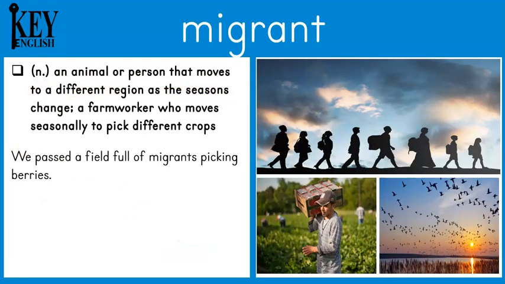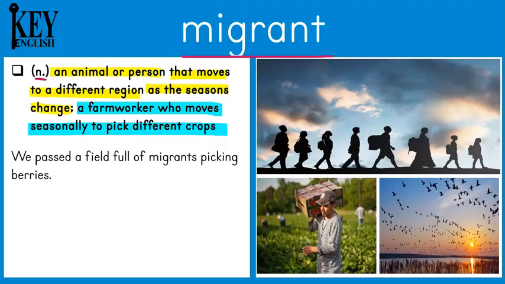The next word is migrant. Migrant is a noun, and a migrant is an animal or person that moves to a different region, so a different place, as the seasons change. It's also a farm worker who moves seasonally to pick different crops.